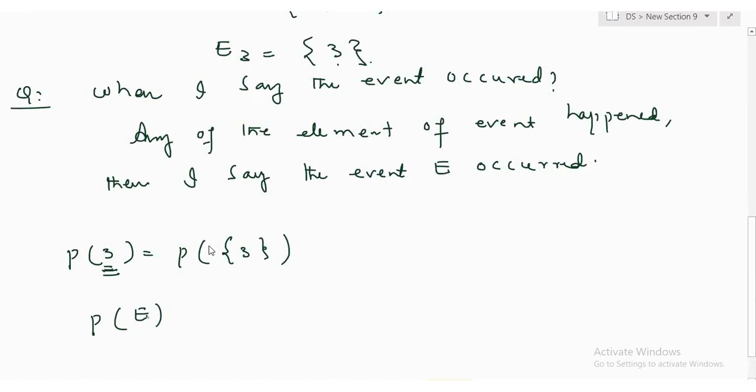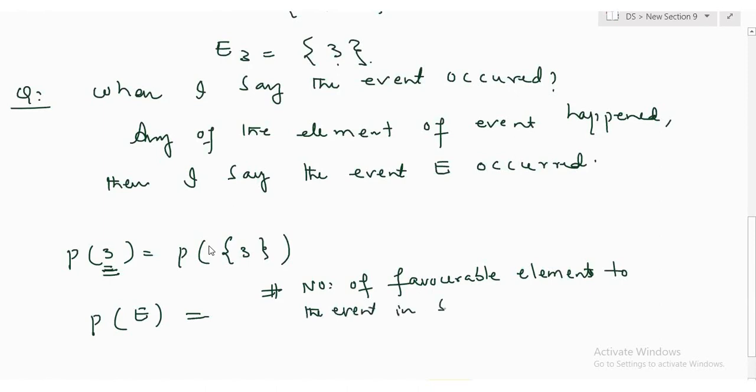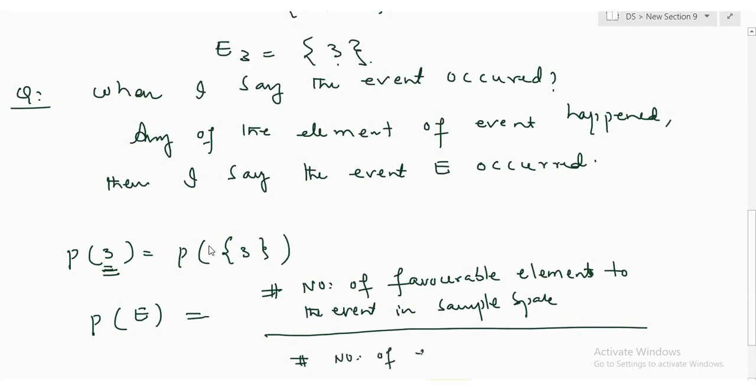Any event, it could be E1 or E2 or E3, whatever it is, equals the number of favorable elements to that event in the sample space, divided by the number of elements in the sample space.